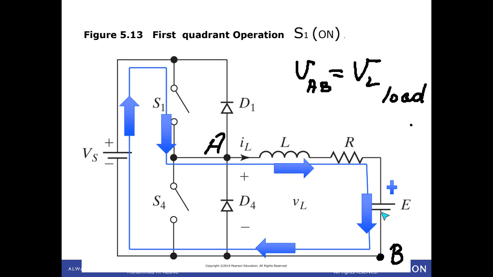Then current flows like this. So what's going to happen? It's a buck converter type, I'm sorry, a step down type of operation. Therefore, you are going to supply energy from your battery to the system, okay?